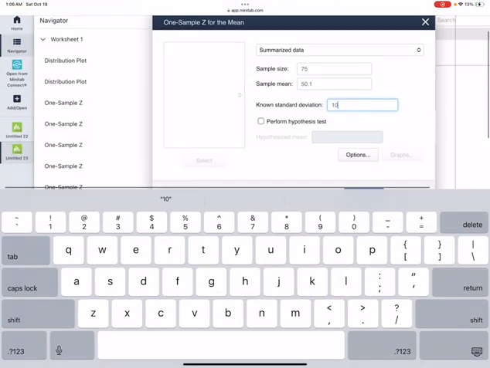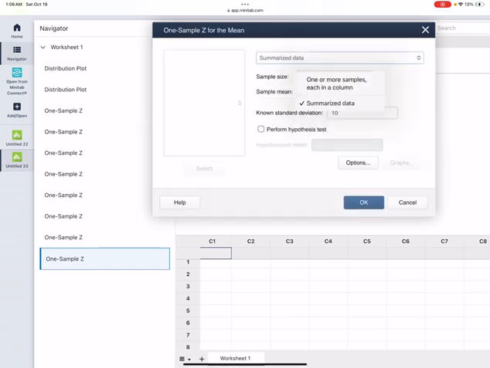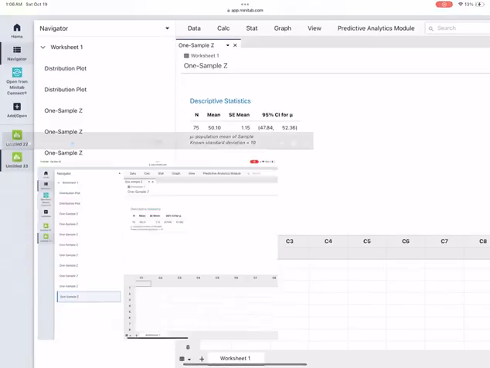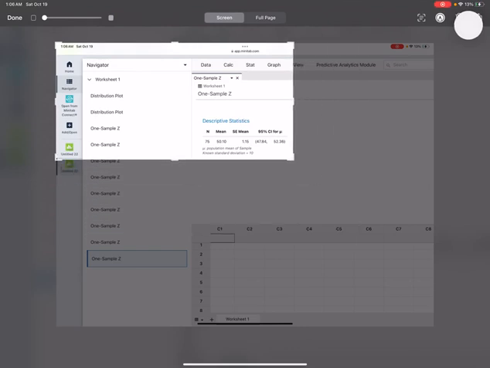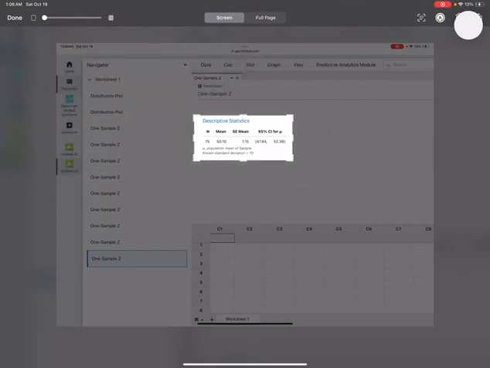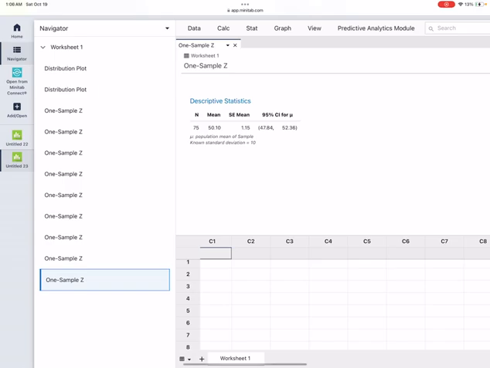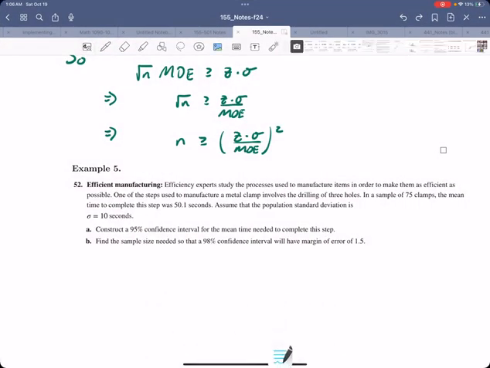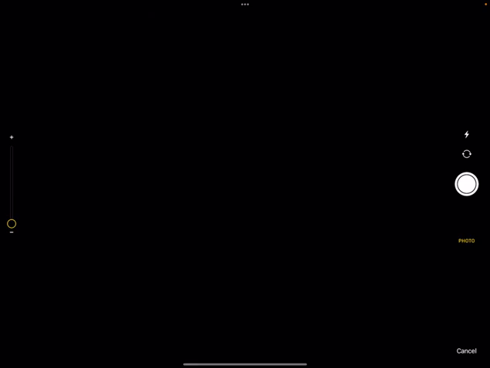And they want a 95% confidence interval. Looks like we're set at that. Oh no, we did not want that.